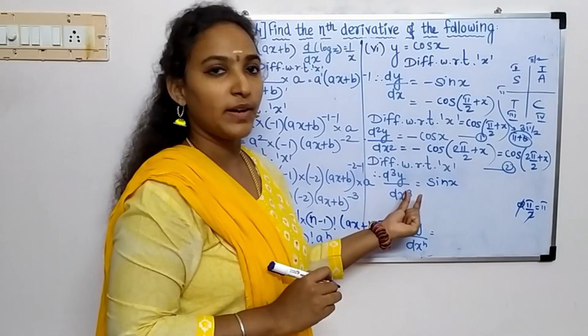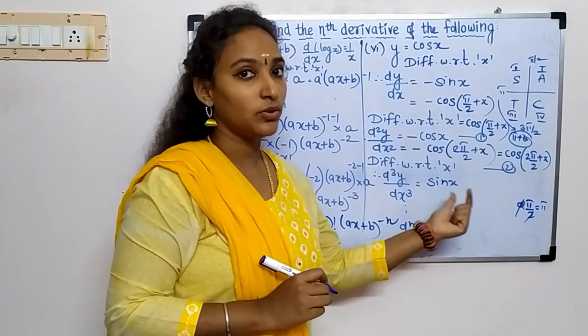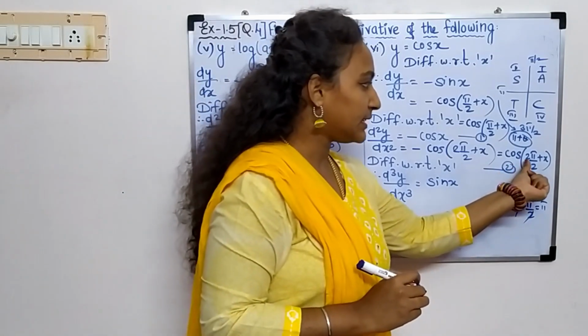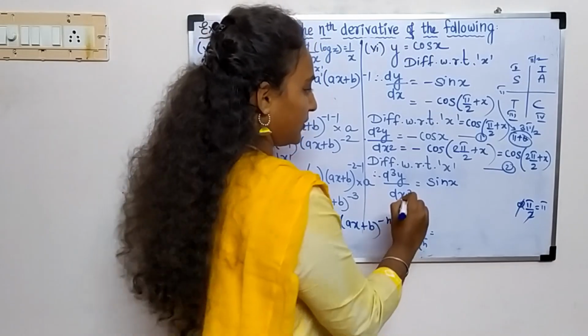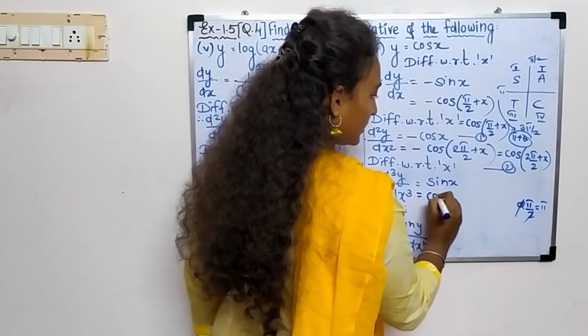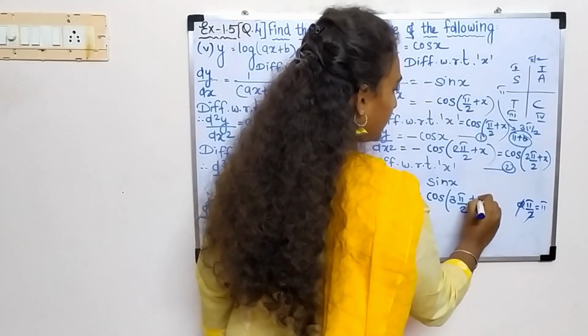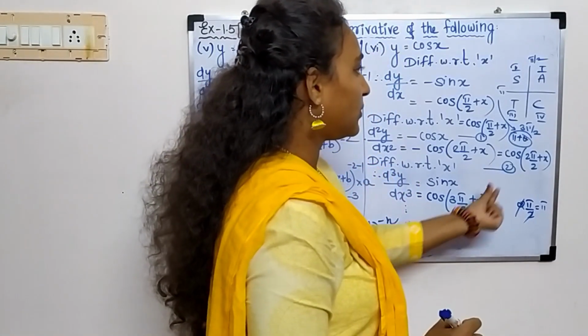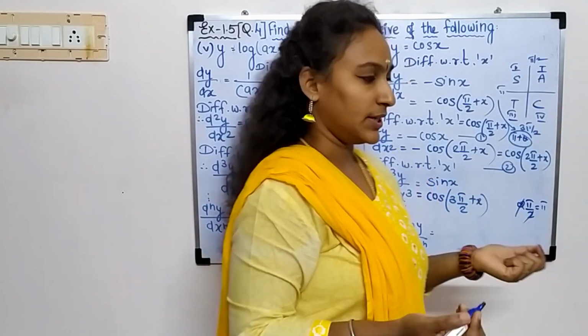Now see d cube y upon dx cube. We have sin x. We have to convert it into cos. This is 2 pi by 2. Now we need 3 pi by 2. So this is equal to cos of 3 pi by 2 plus x. 3 pi by 2 is fourth quadrant. Fourth quadrant cos is positive.